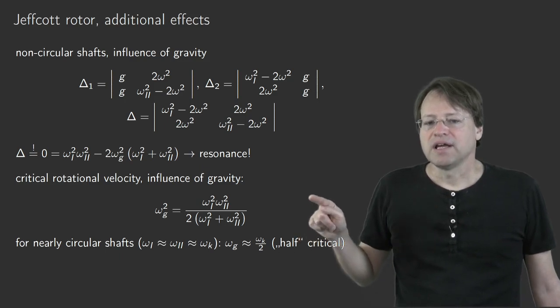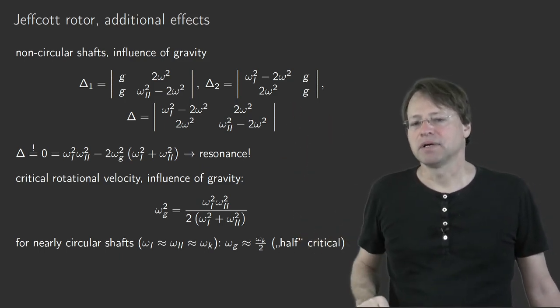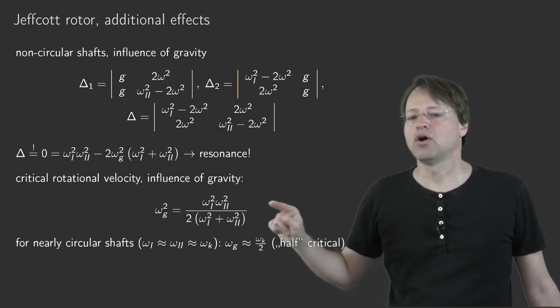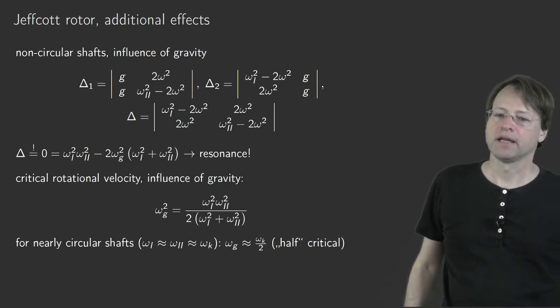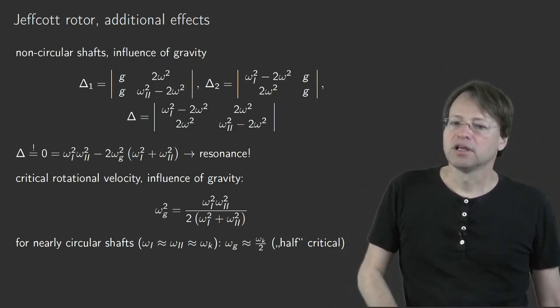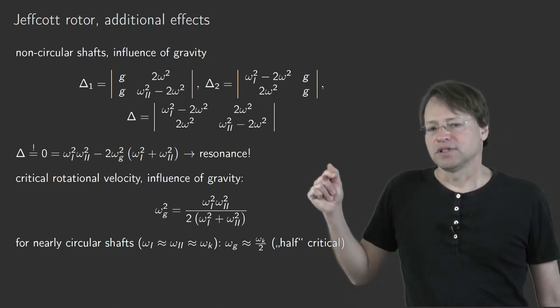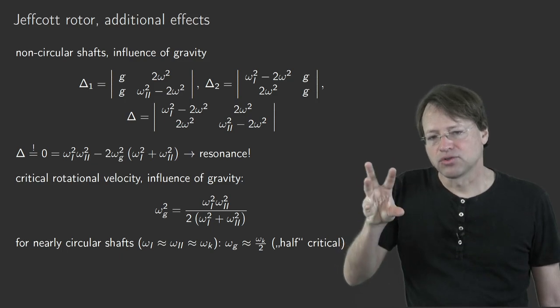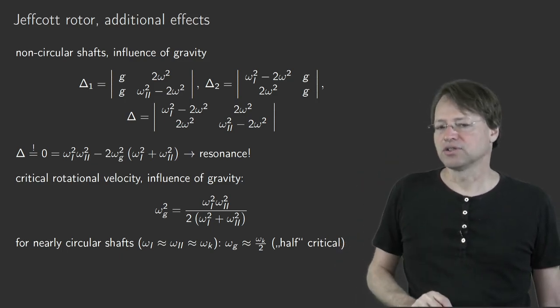It's true that we have not a resonance, but an expression 0 divided by 0 for the case where omega 1 is exactly omega 2. However, this is an academic case. In practice, you will never have the same stiffness, you will never have perfectly circular conditions for a shaft.